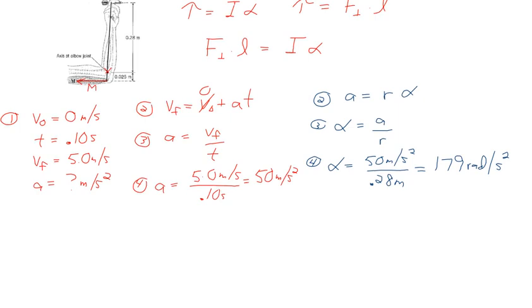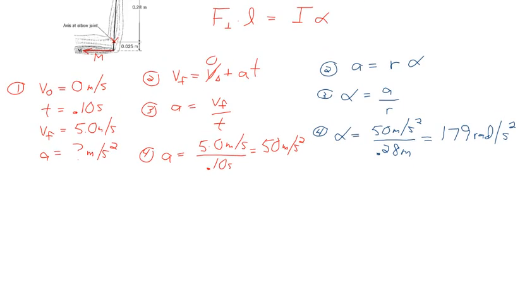Going back to step 2, my equation with the numbers is M times L equals I times alpha. Since I want the muscle, it's going to be I alpha divided by L. And that's going to give me the force from the muscle.